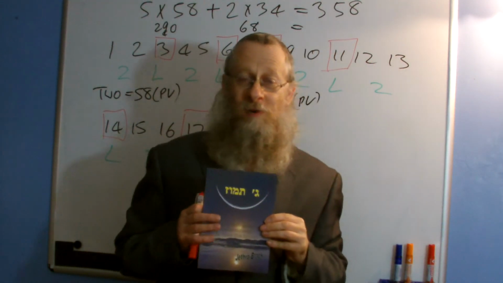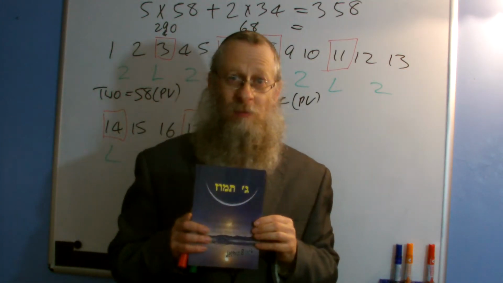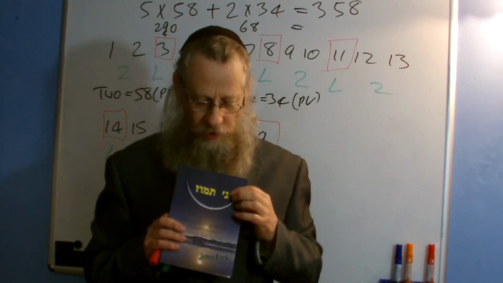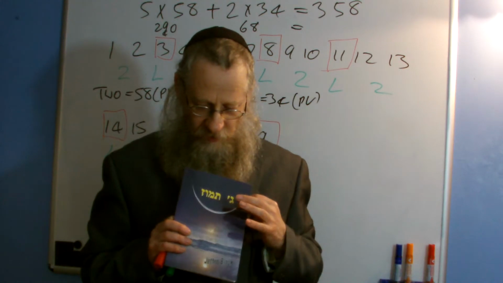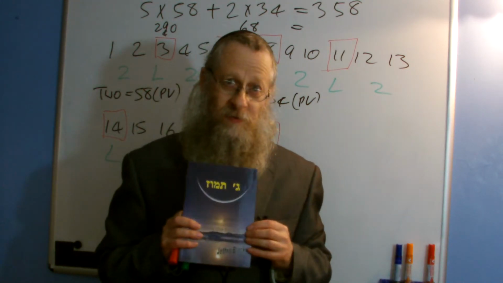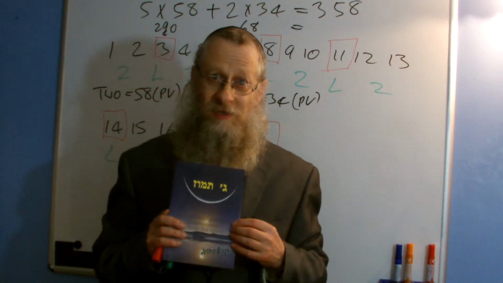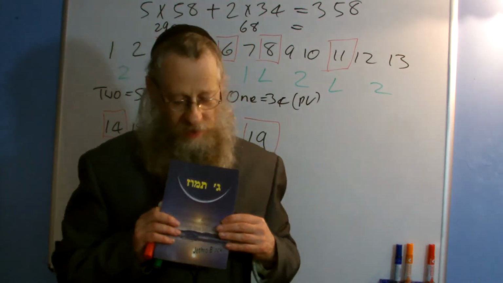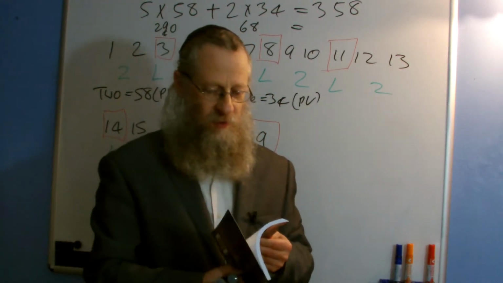And I believe that was at a time of a partial eclipse. I put that on my front cover here. I believe it was a partial eclipse. There was a crescent in the sky.